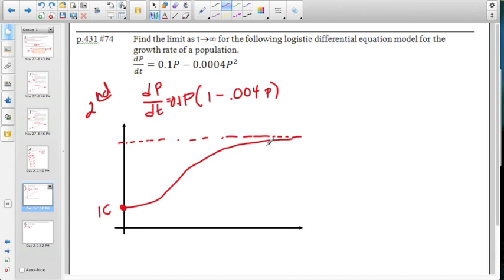And so we get this characteristic S shape, and then we're going to go ahead and just apply what we know about the derivative. The derivative out here is approaching 0, and the derivative right here is approaching 0.